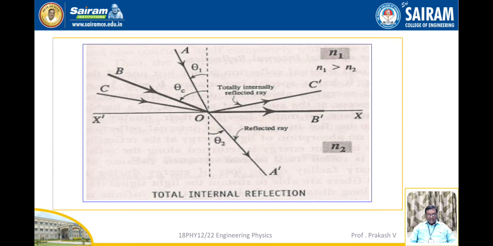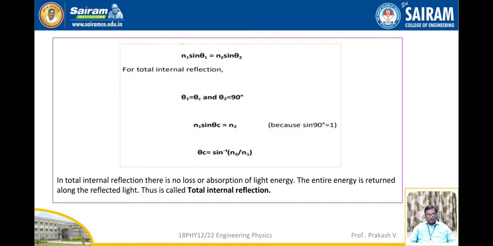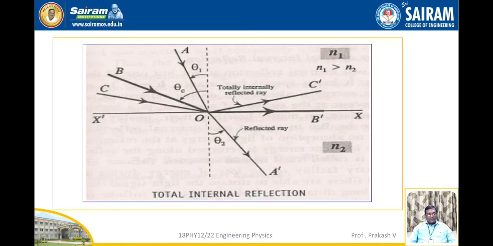Here is a diagram. The first beam is AO with an angle of incidence theta 1, and it gets refracted along OA' with theta 2. The second beam is BO, the angle of incidence is theta c, and it gets refracted along OB'.